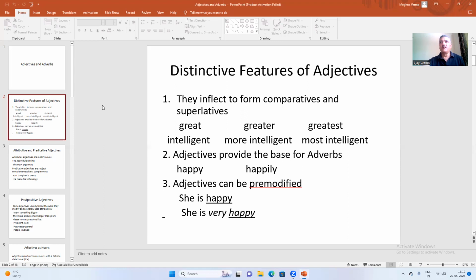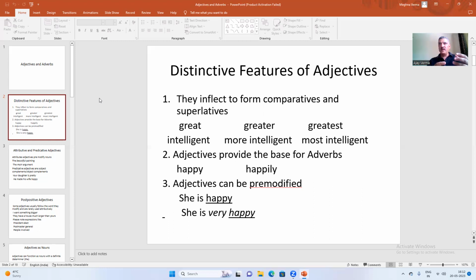Adjectives play a very important role because they are a lexical item and they communicate a large part of the meaning connected with the noun or the noun phrase. In other words, as I have already said, they add to the meaning of the noun. Okay? They tell us something more about the noun. They give us more information about the noun.